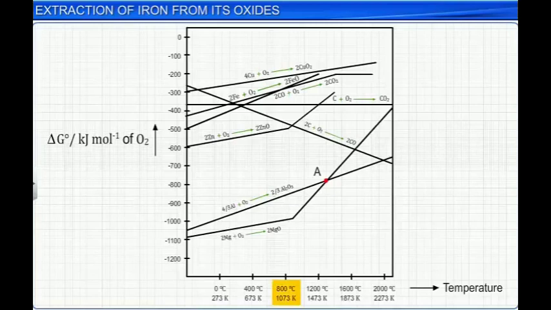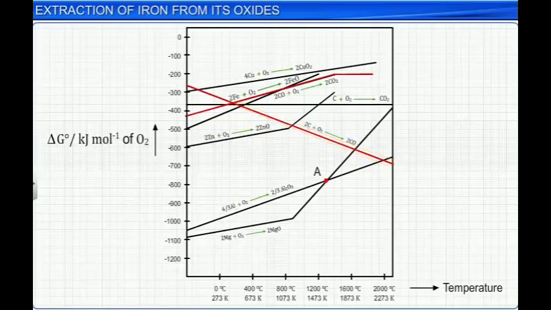From the graph you can see that at a temperature above 1073 Kelvin, carbon reduces iron oxide into iron, but itself undergoes oxidation to form carbon monoxide. Thus, the carbon to carbon monoxide oxidation line crosses the FeO to Fe reduction line and then remains below it.